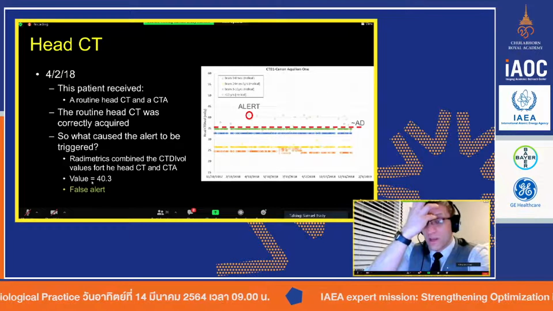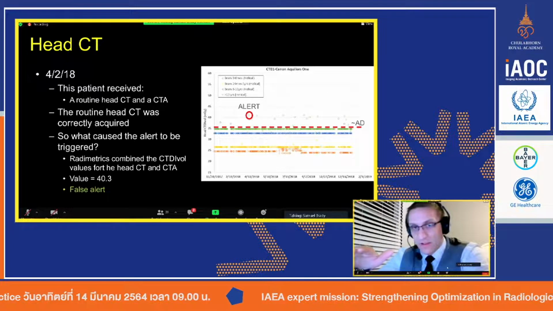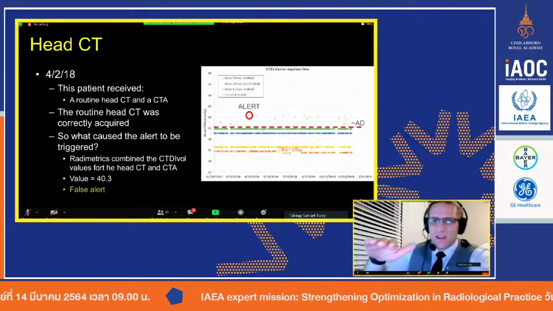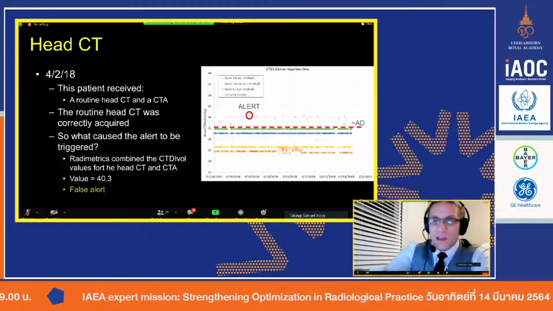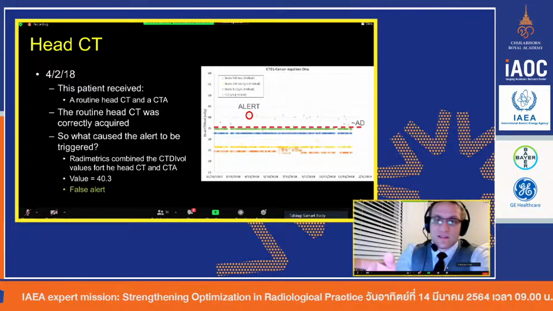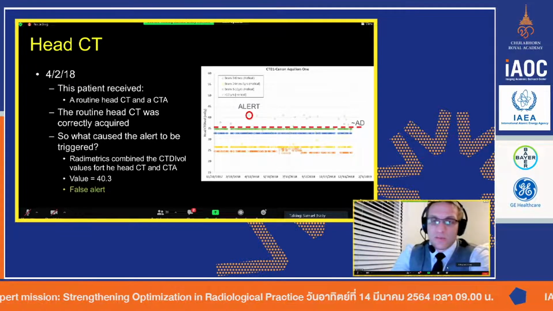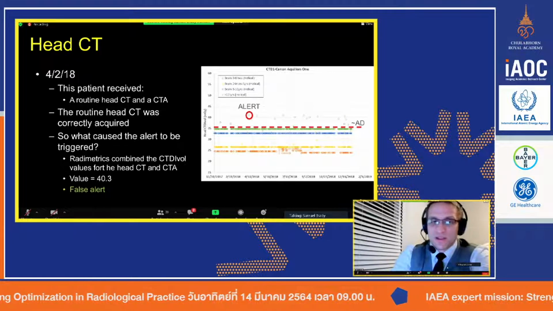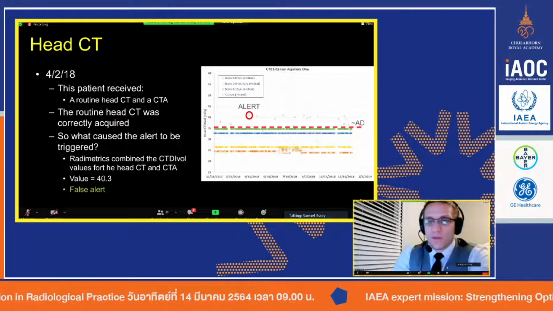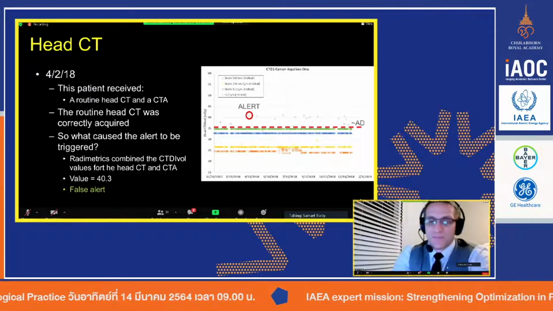So what we needed to do is set the alert value, the threshold, and then as an optimization team, constantly look at that. In most of the cases that occur at our hospital, most of them are actually false alarms based on something that went wrong with the way Radiometrics combined the data.